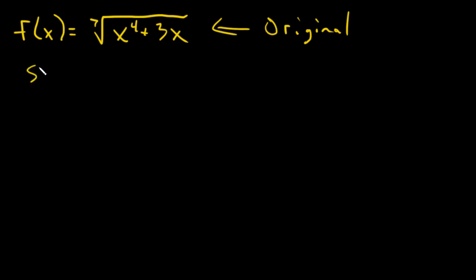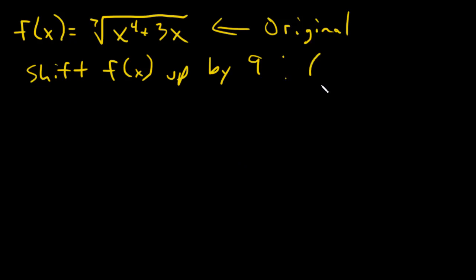If I want to shift f of x up by 9, what do I do? Well, I take the original function, put it in parentheses, 7th root of x to the 4th plus 3x, and just add 9.